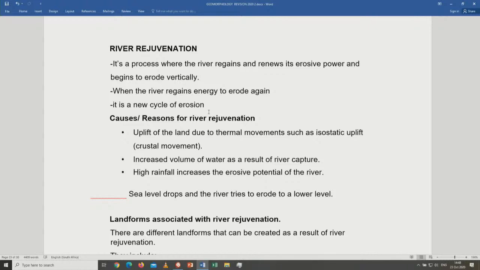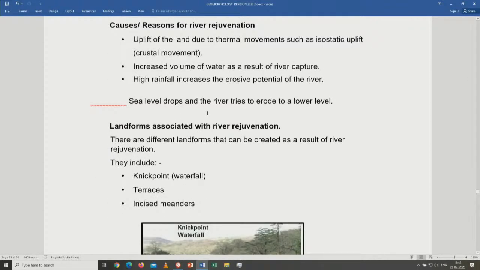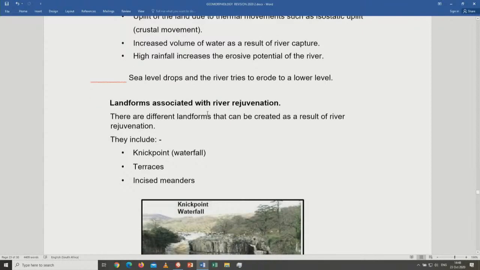Sea level drop also is one of the reasons why river rejuvenation occurs.